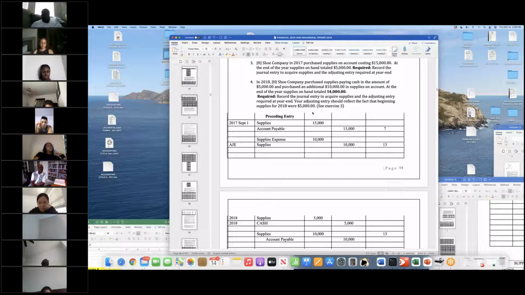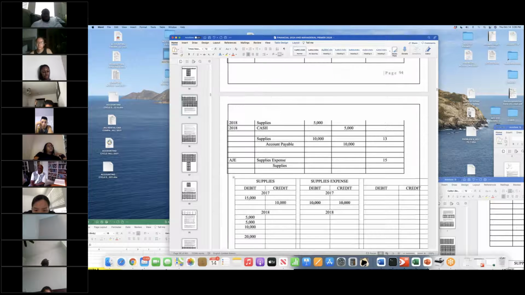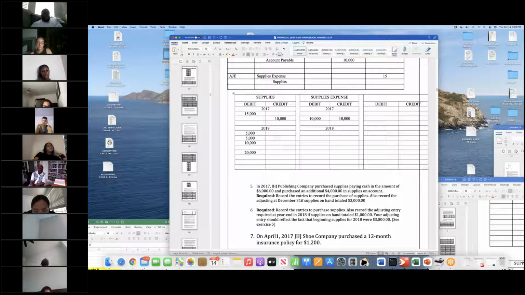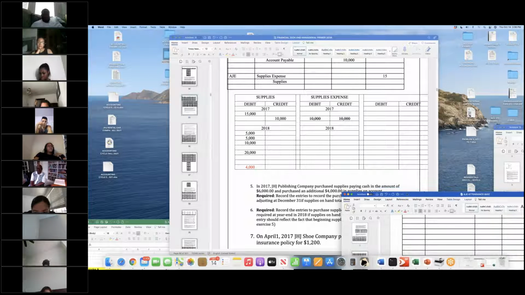They tell us how much is left in the account: 4,000. So we have to make an adjusting entry so that this number is going to be $4,000. So what does the adjusting entry have to be? 16.